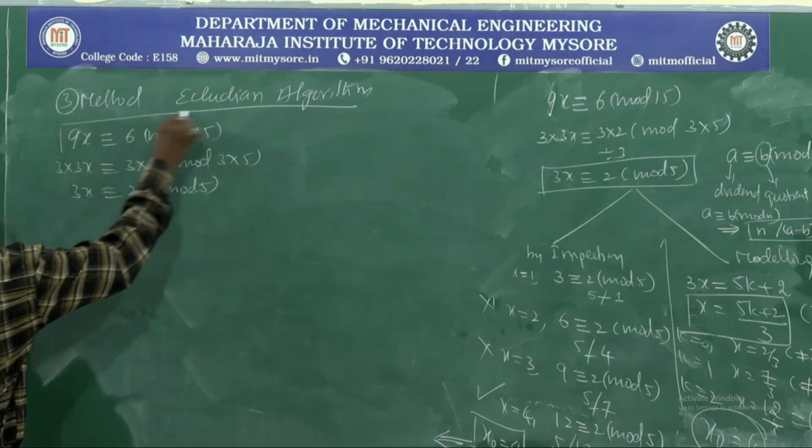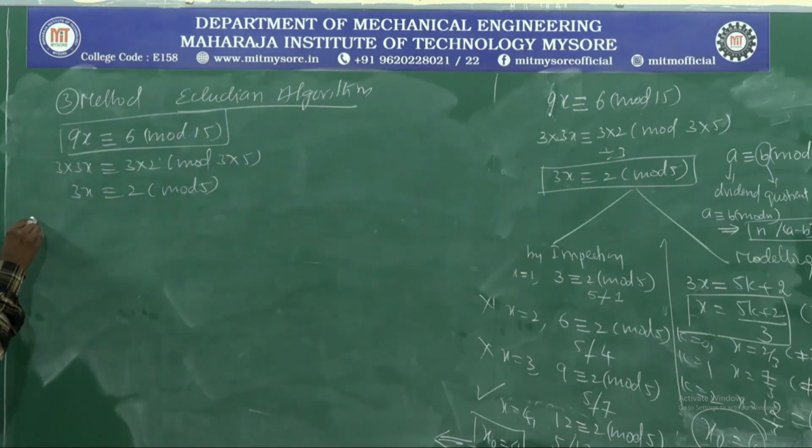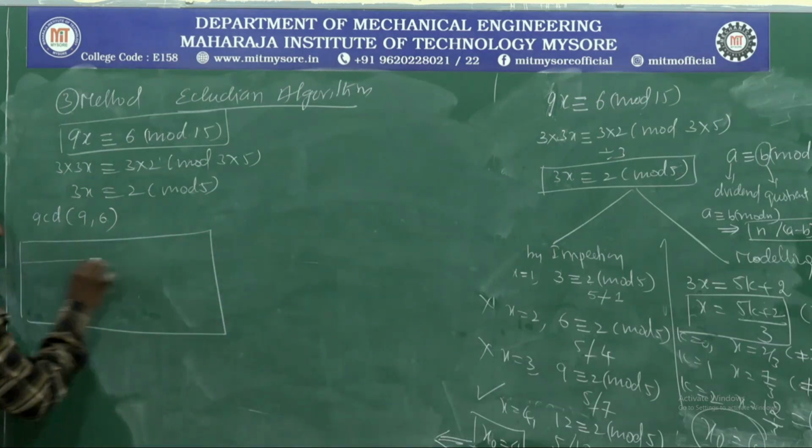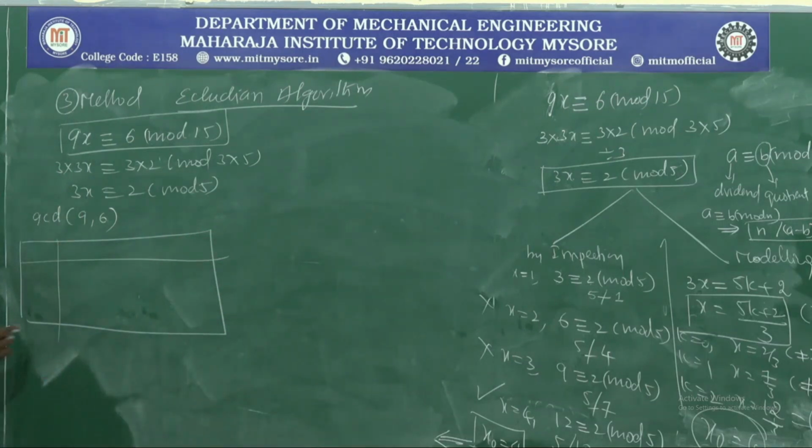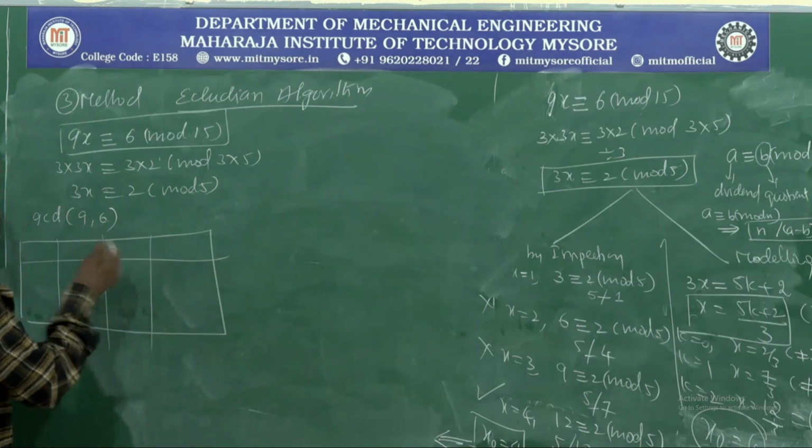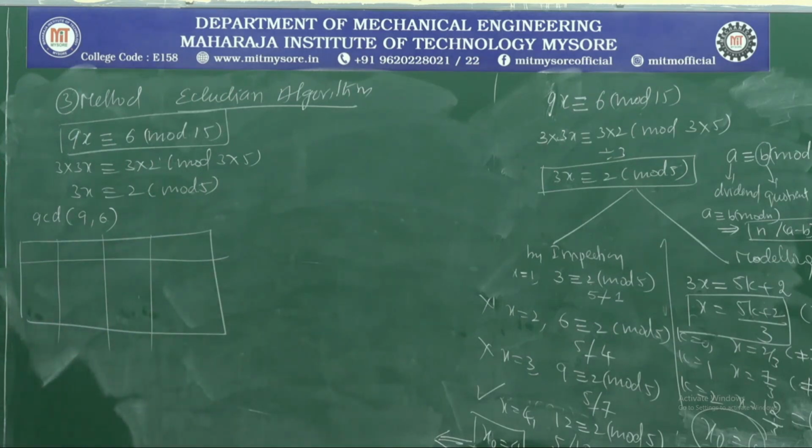Now you take the original expression, get the GCD. So I will find the GCD of 9, 6. I told you very clearly, I always prefer to go with the Euclidean algorithm. Last class I told you how exactly we can find the GCD, the extended Euclidean algorithm, or expressing the given GCD as a linear combination. That's what we are going to do here.